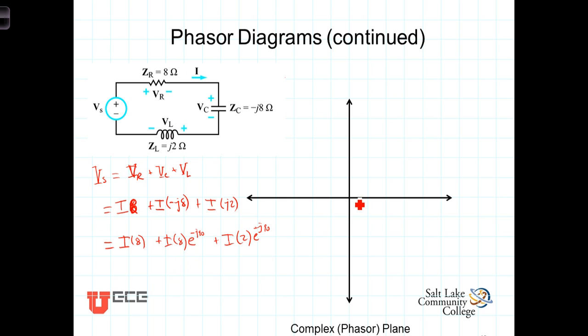On the other hand, the phase of the voltage across the capacitor is 90 degrees behind the phase of the current. So let's start out and say that this is the current. We'll say that it has a magnitude I0.